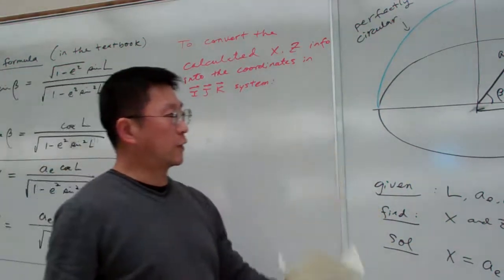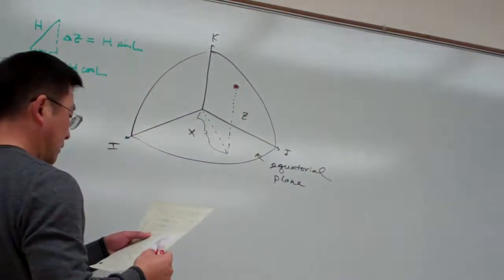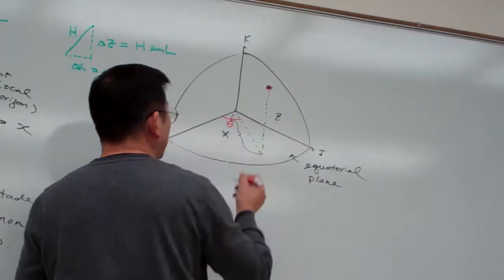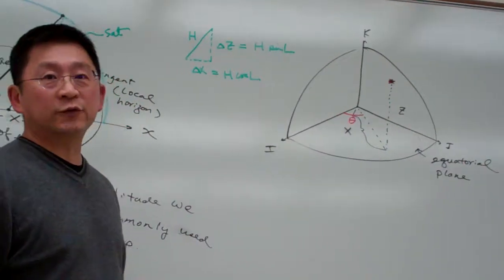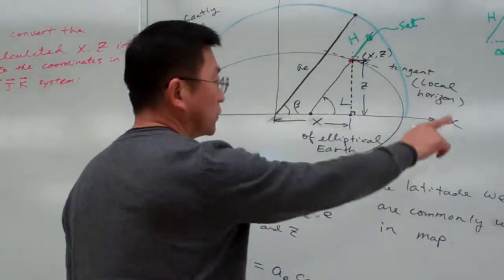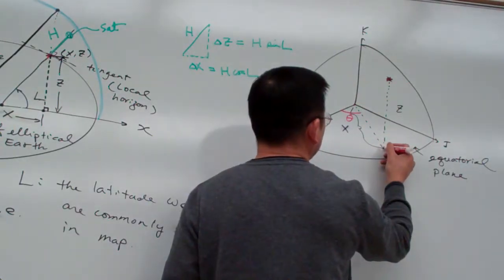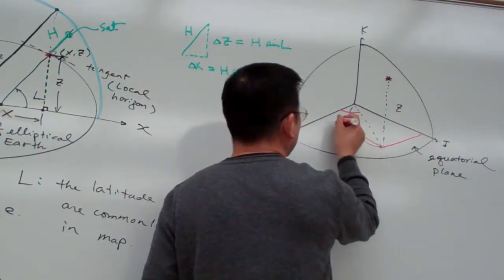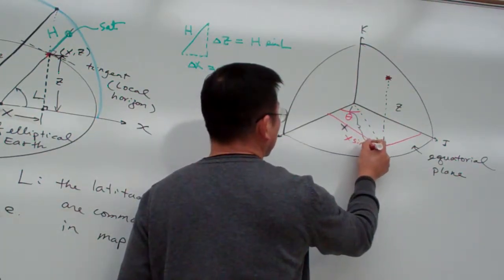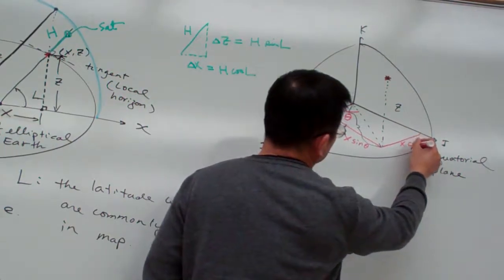So I'm going to use this one. For example, let me say that is the angle here. Say this is theta, the local sidereal time of the site. With that information, we simply project x into two components: this one is x sine theta, and this is x cosine theta.